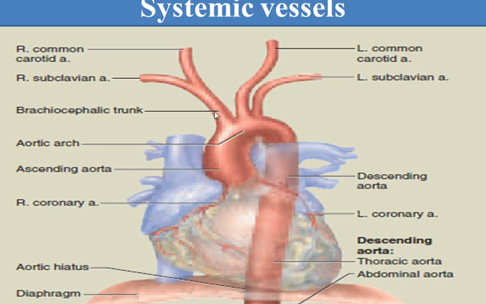And this big one we call the brachiocephalic trunk. This trunk gives two branches, one of them to the right upper limb, and we call it the right subclavian artery. Also it runs under the clavicle bone. And the other is the right common carotid.